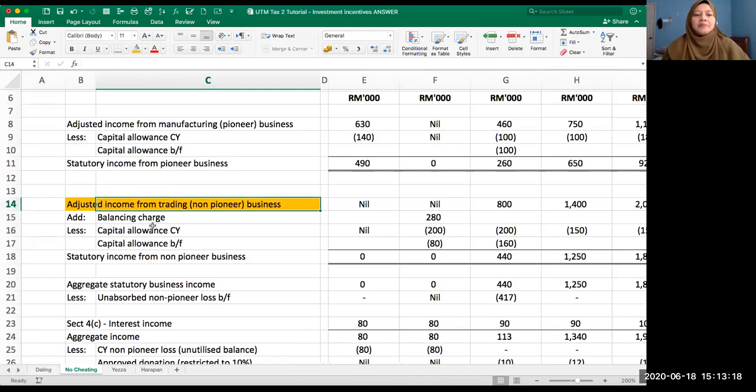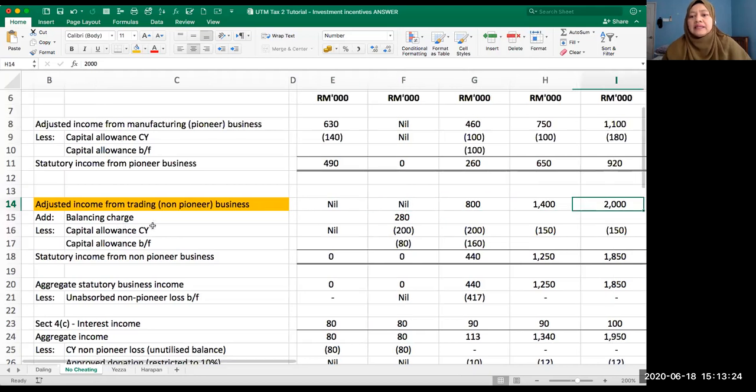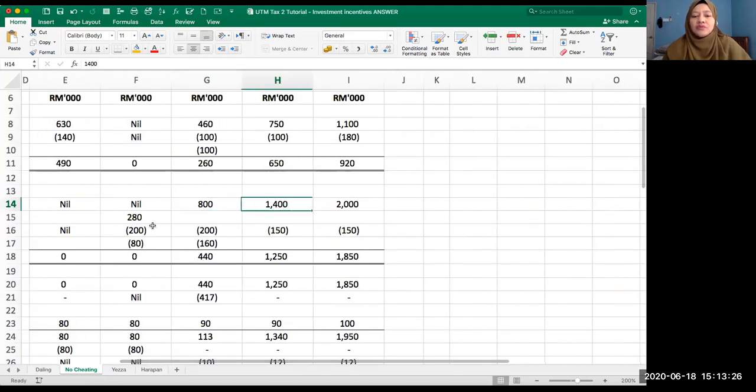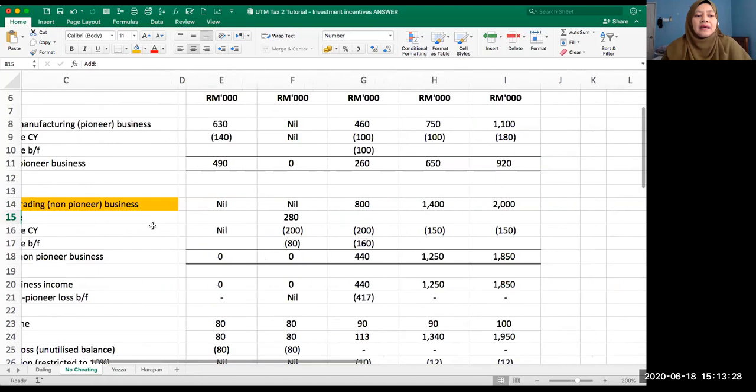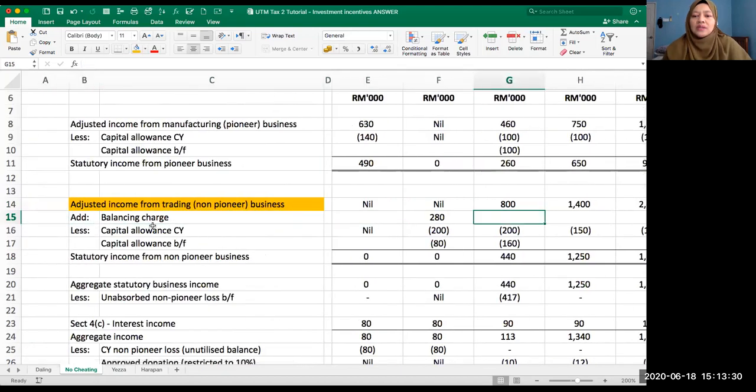Non-pioneer because the first 2 years having losses, so your adjusted income is nil lah. Alright, and then you have 800, 1.4 and 2,000. And then you have your balancing charge only in the second year. Right? Capital allowance for the first year, kenapa tak ada? Memang tak ada ke capital allowance?